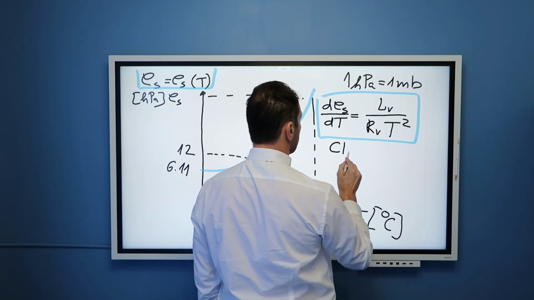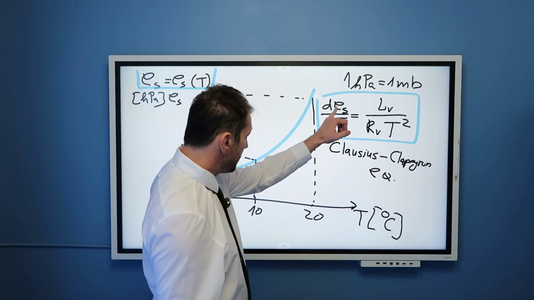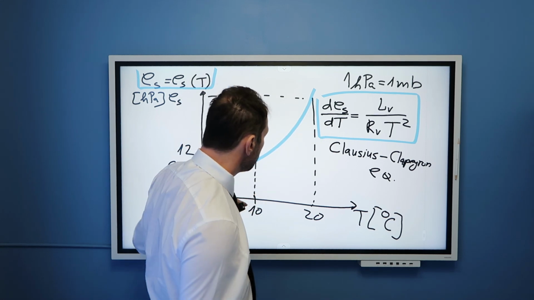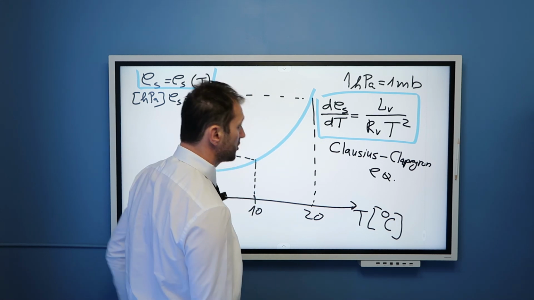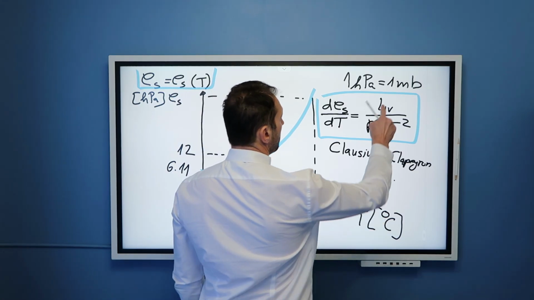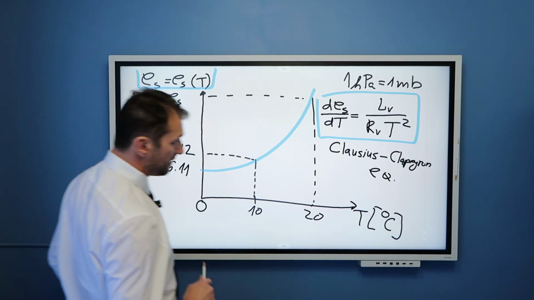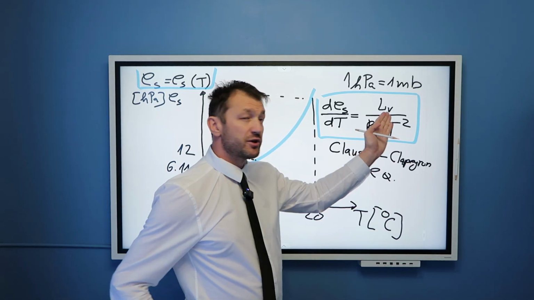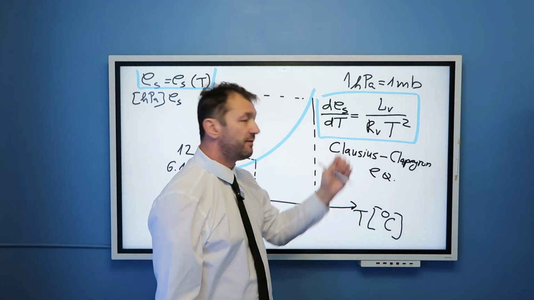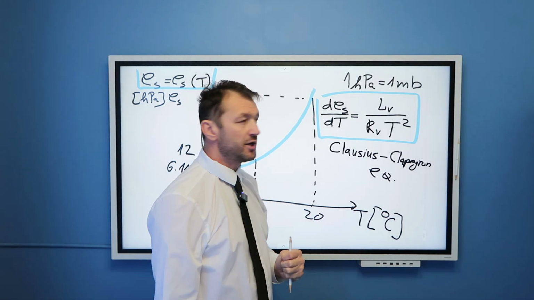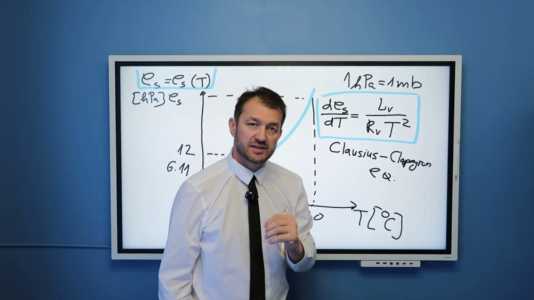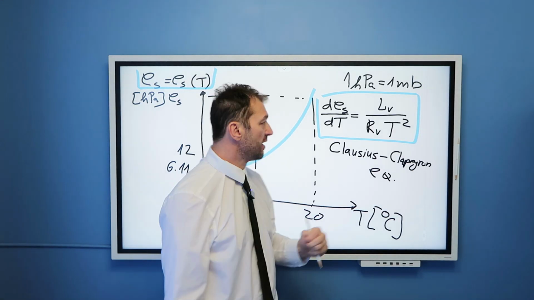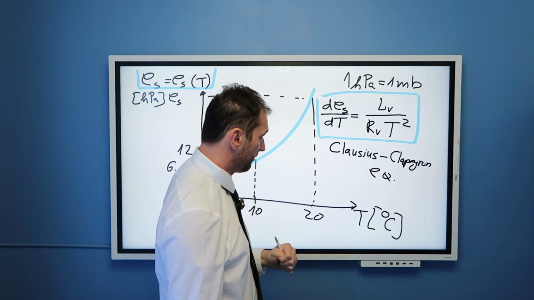the Clausius-Clapeyron equation, where dES is the infinitesimal change of saturation vapor pressure, dT is the infinitesimal change of temperature, LV is the latent heat of vaporization, 2,500,000 joules per kilogram, and RV is the gas constant for water vapor, 461 joules per kilogram per Kelvin.